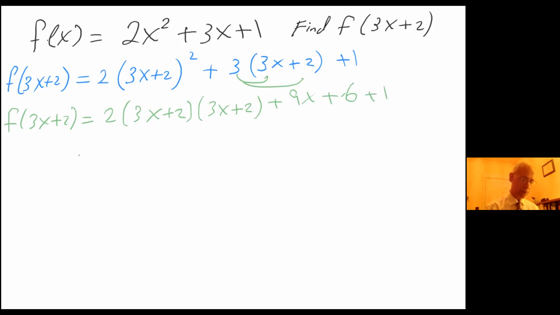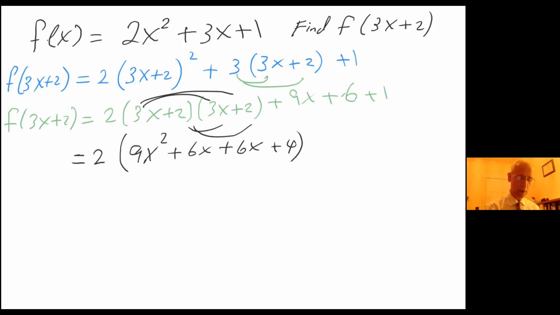And that equals 2 times 3x times 3x is going to give me 9x squared, and then I have plus 6x plus 6x plus a 4, plus 9x, and this I can say plus 7.